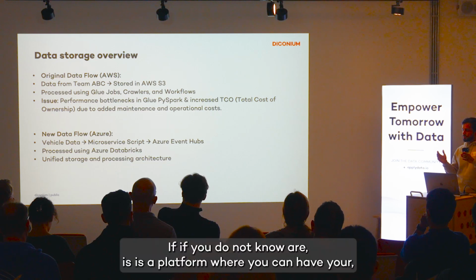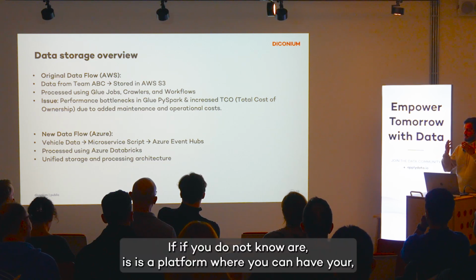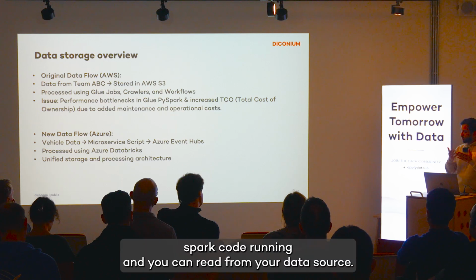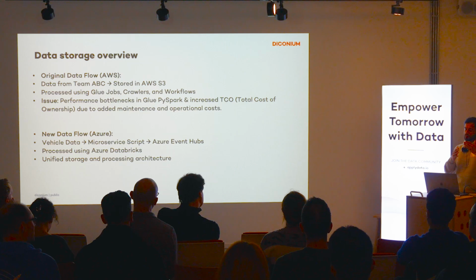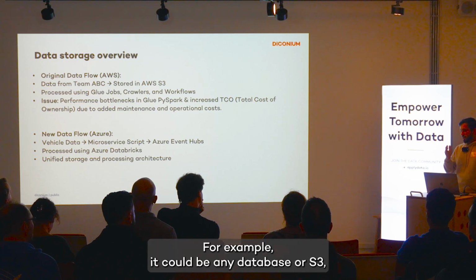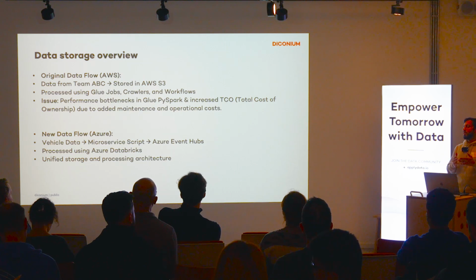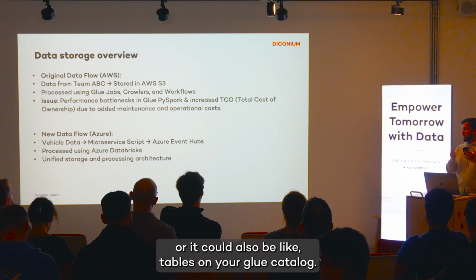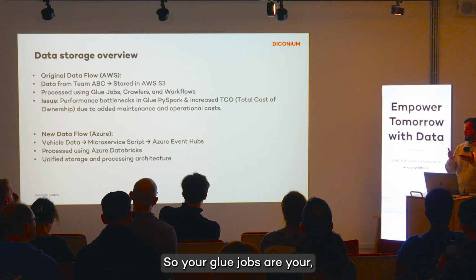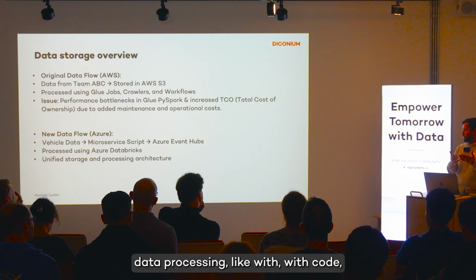Glue jobs, if you don't know, is a platform where you can have your Spark code running, and you can read from your data source. For example, it could be any database or S3, or it could also be tables on your Glue catalog. So Glue jobs are your data processing with code.